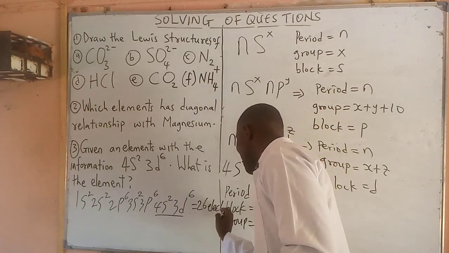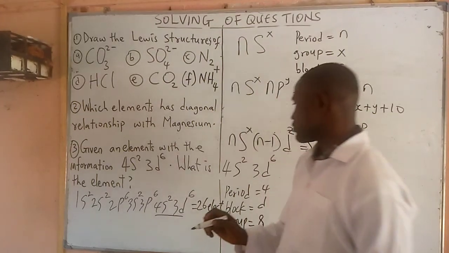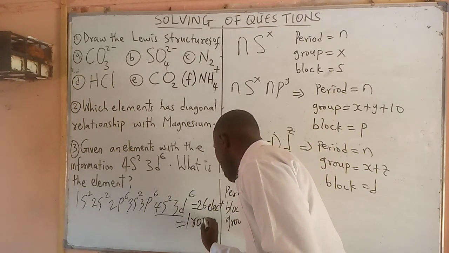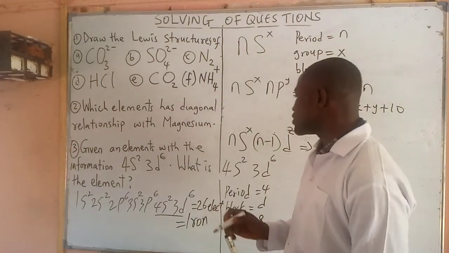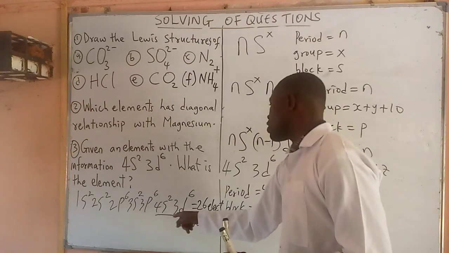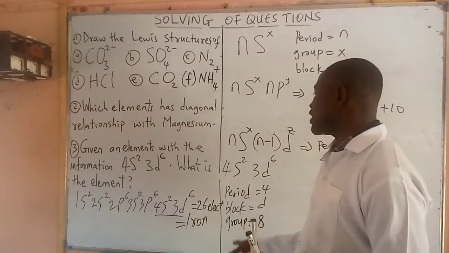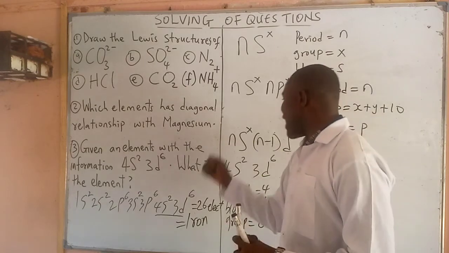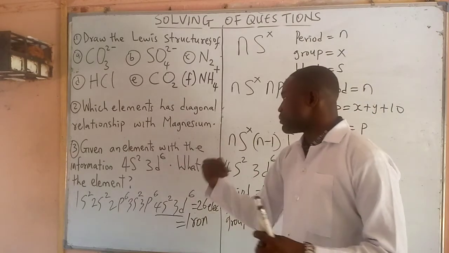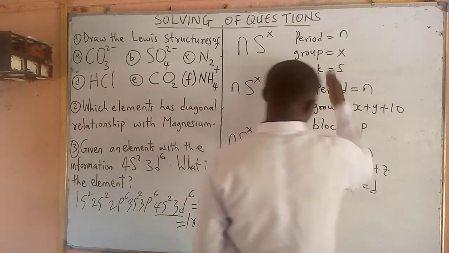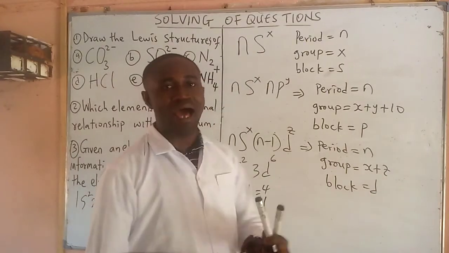Which element has 26 electrons? The answer is iron. Iron is an element that has 26 electrons. So once you have this, complete the electron configuration and see the total electrons that will appear there. Then if they ask you what is the group, the period, or the block, please use this pattern to analyze it.